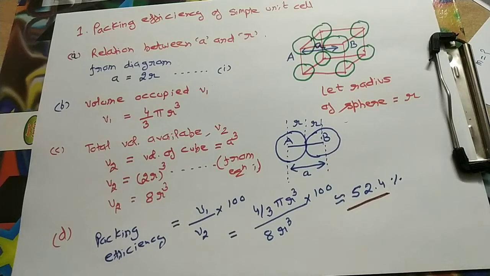Okay, students, I'll calculate the packing efficiency for face-centered cubic unit cell and body-centered cubic unit cell in my next video lecture. Revise karna, this one is important. Okay, best of luck. Thank you.